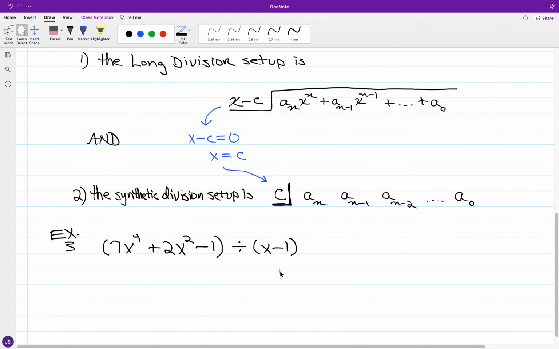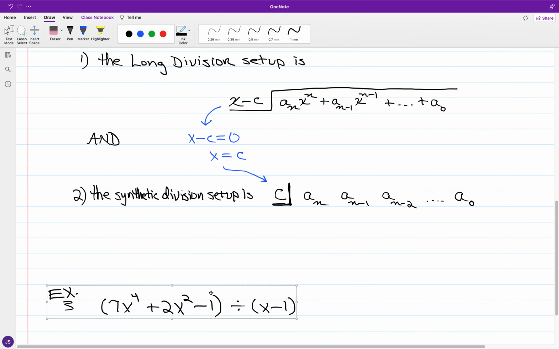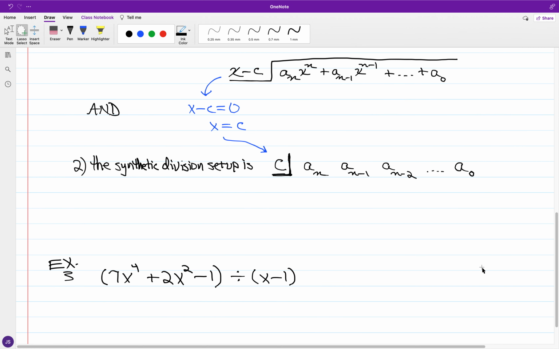And first of all, let me just mention something. For this particular polynomial division, I can use either long or synthetic division. But let me mention something along the lines of separating the wheat from the chaff, in terms of when you can use synthetic division and when you cannot.